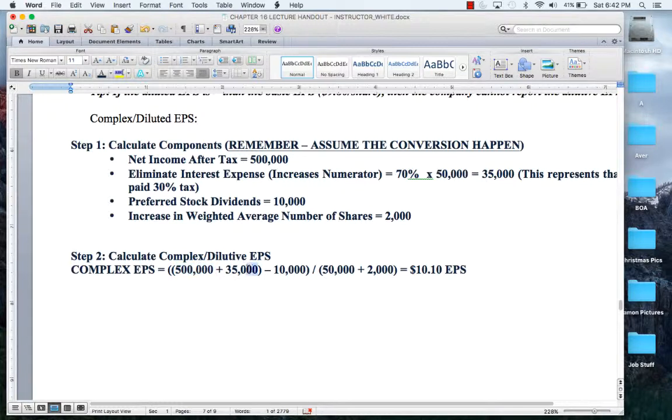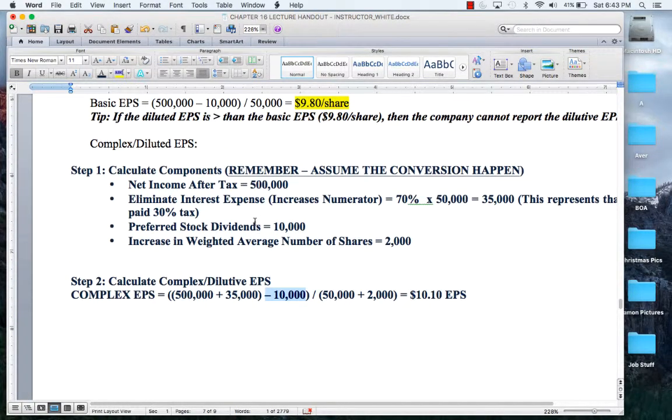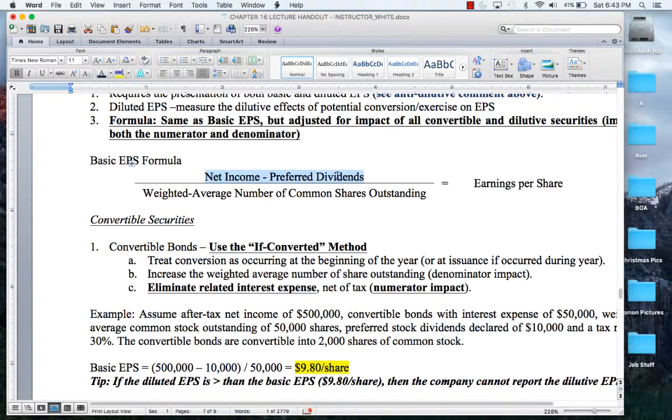We need to add back the interest expense we paid net of tax, because once they convert from the debt to the equity, so the bond to the common stock, you are no longer paying that interest expense. So you have to reflect it by adding back the interest net of tax, which is the $35,000. Then you need to subtract the 10,000, similar to the formula above, the net income minus preferred dividends.